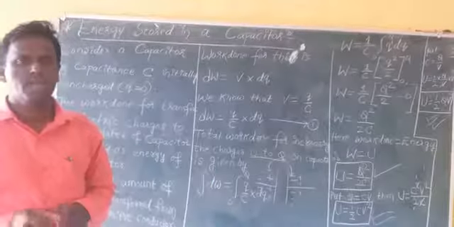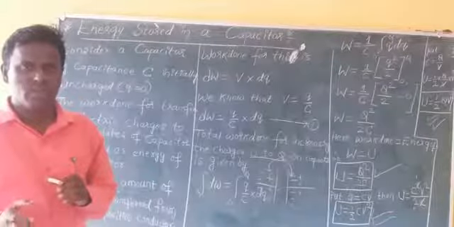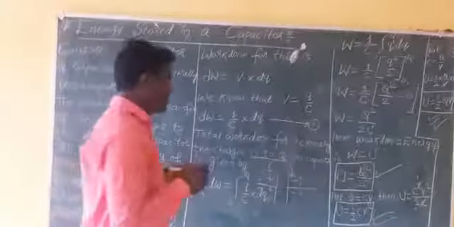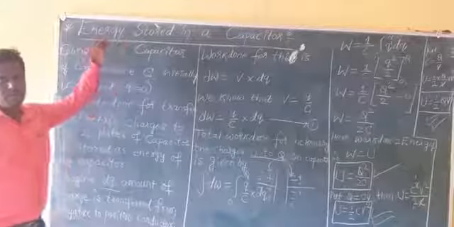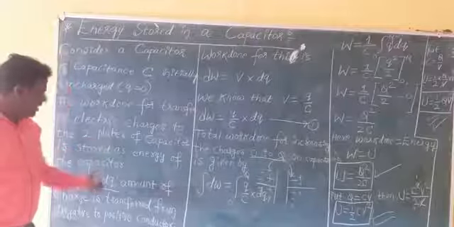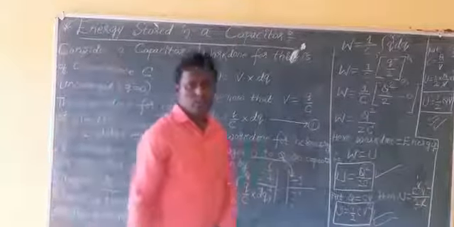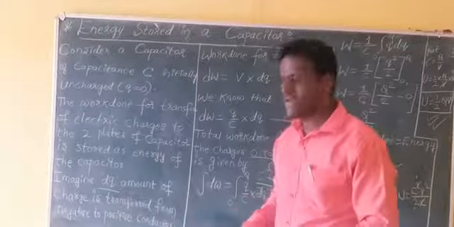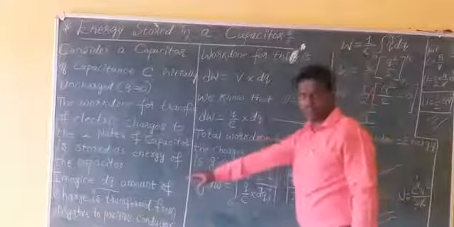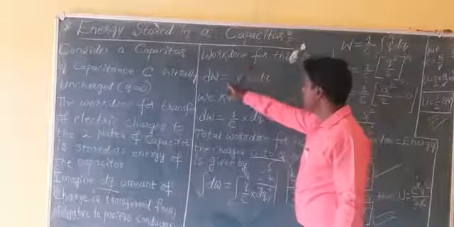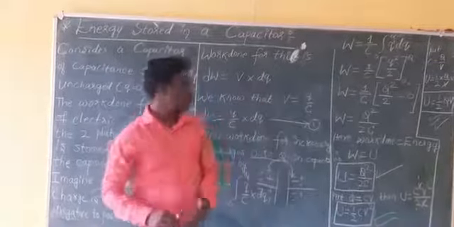To increase its charge, work must be done, and that work is stored as energy of the capacitor. Initially only dq amount of charge is transferred from the negative conductor to the positive conductor. The work done is dW equals V into dq.